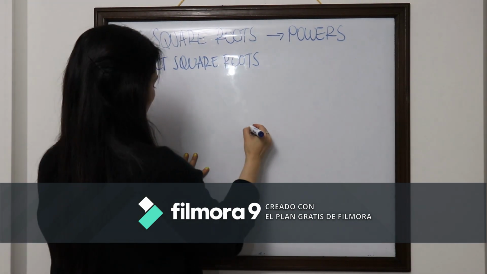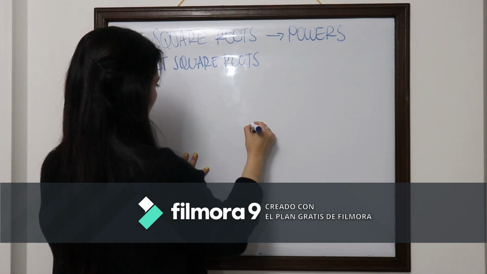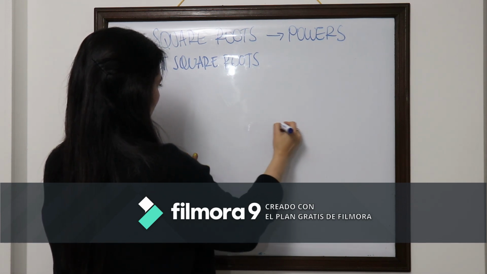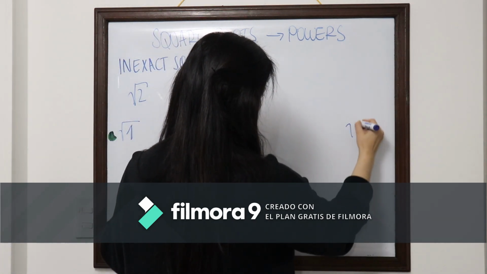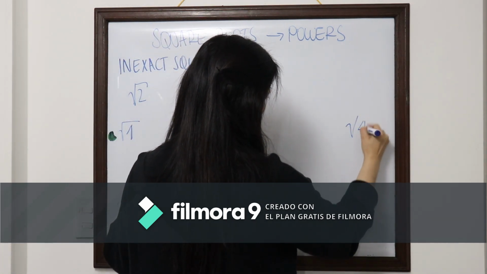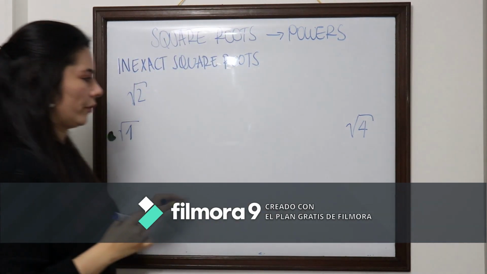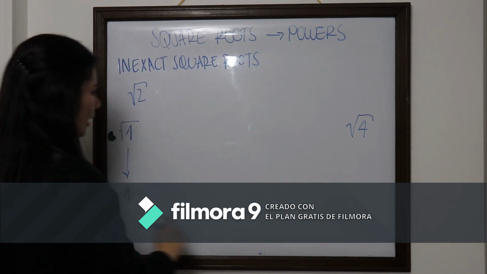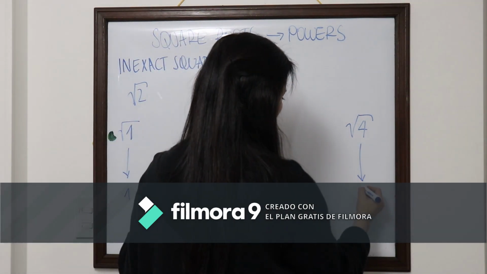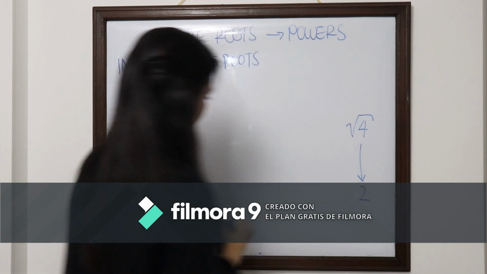And the square after 2 is 4, so I'm going to think about the square root of 4. Of course, the square root of 1 is 1, and the square root of 4 is 2.